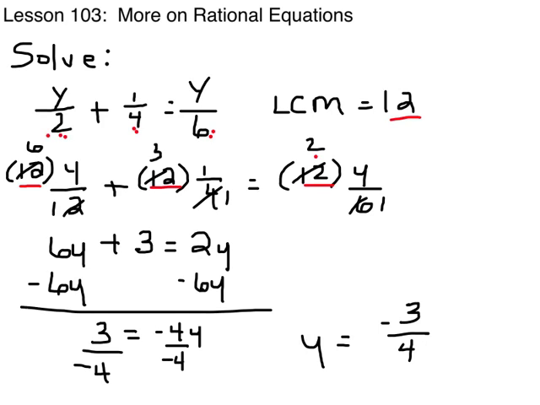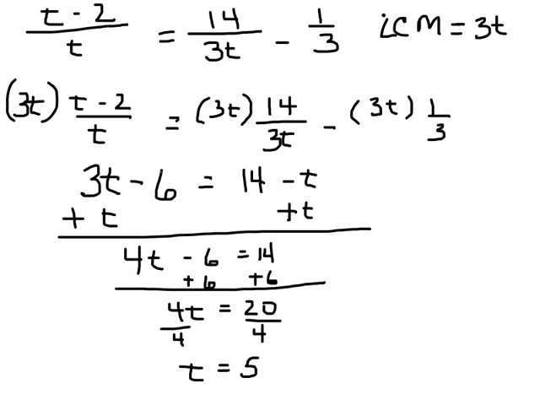We're going to divide by negative 4, so y will be by itself. And when we do, we see that y is equal to negative 3/4. Very simple. In this example, we have our least common multiple is 3t.